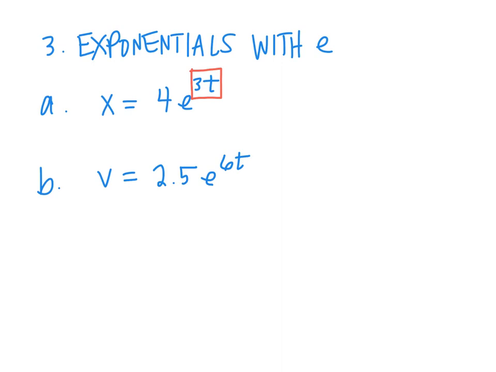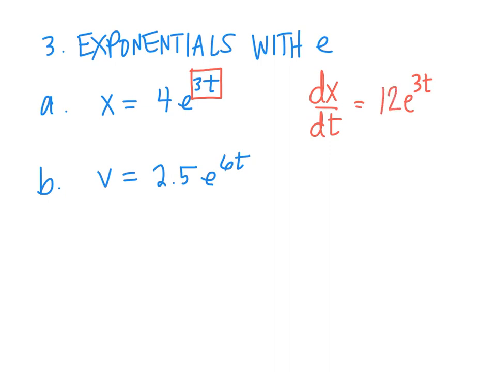Now with the sine and cosine, we switched between sines and cosines when we took the derivative. With this e function, you actually just leave the function exactly the way you see it. So if I see e to the 3t, I leave it as e to the 3t, and I just change the number in front. So the derivative of the 3t is 3. 3 times 4 is 12.